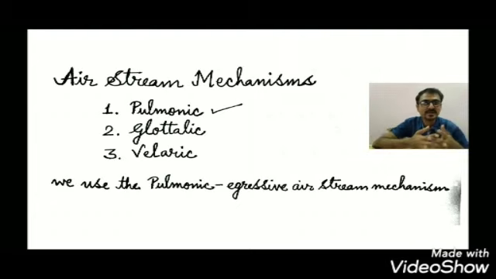When we breathe the air inside, we inhale the air. It is called ingressive airstream mechanism. And when we breathe the same air out, it is called egressive. So egressive means coming out, exhaling.